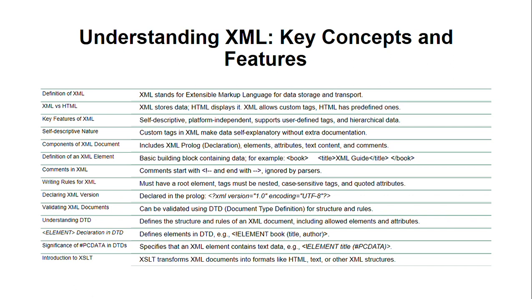To write an element in DTD, I can use less than, exclamation mark, ELEMENT, then the element name, and what subchildren it will contain. PCDATA is nothing but parsed character data, which I can write under DTD, and with the help of PCDATA we can specify what type of content the XML tag can hold.